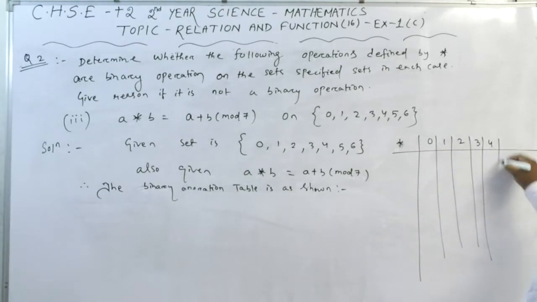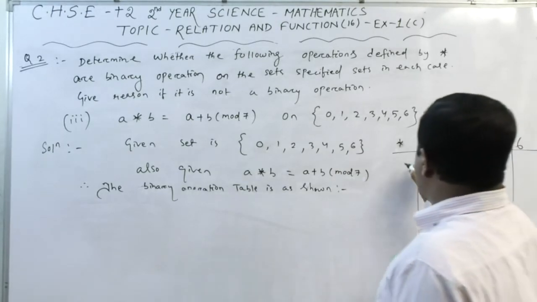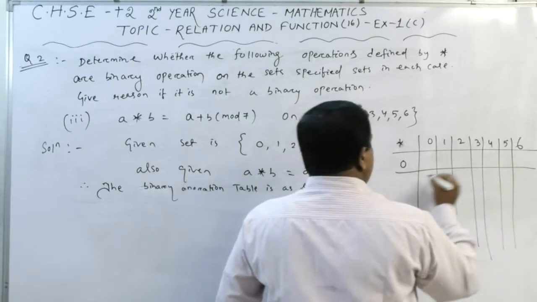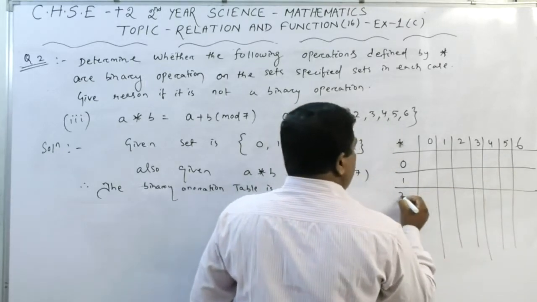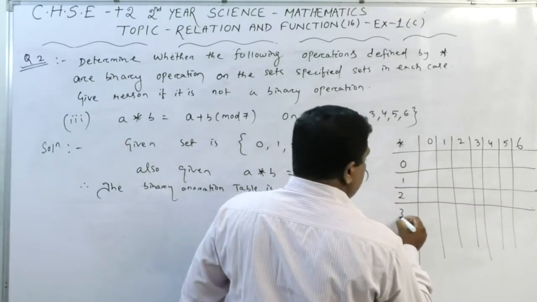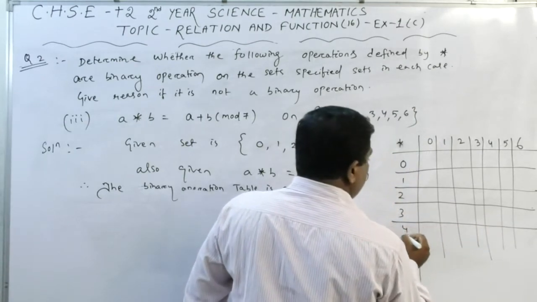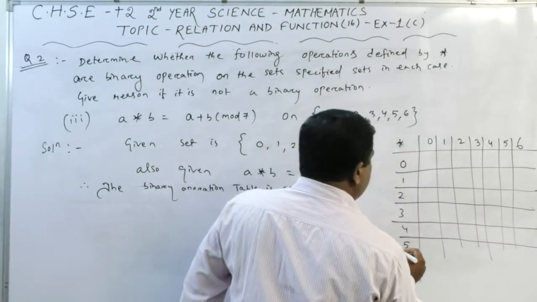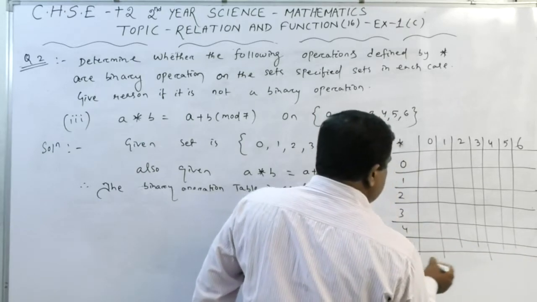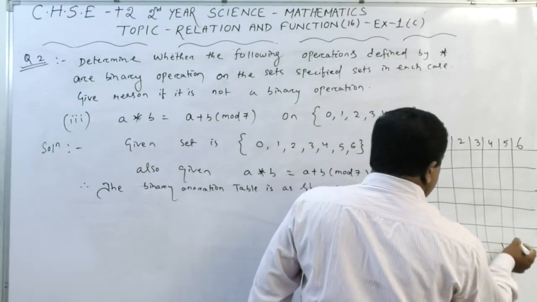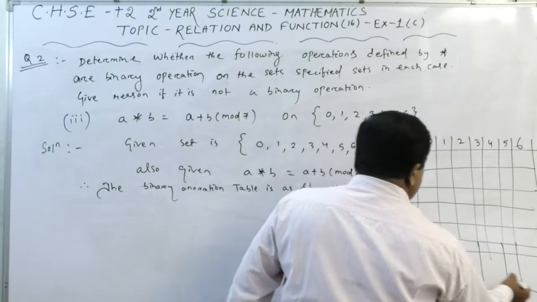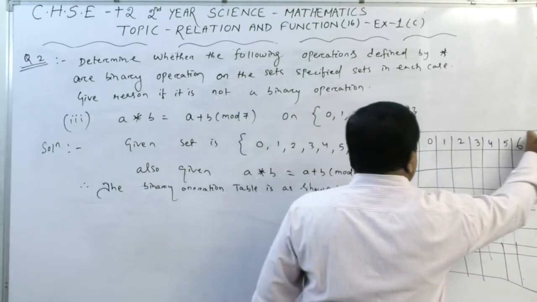Now 4 is there, 5 is there and 6 is there. And it is again 0, 1, 2, 3, 4, 5, and again 6. So we have to fill these things. You can do like this also.